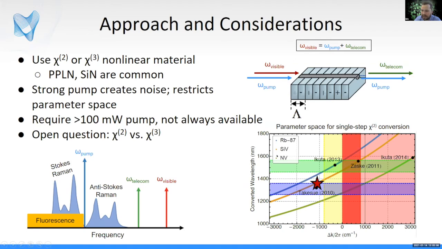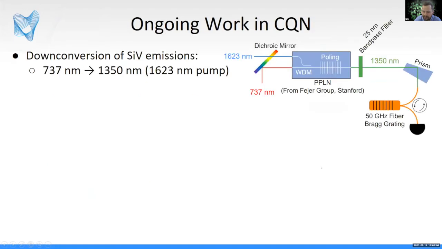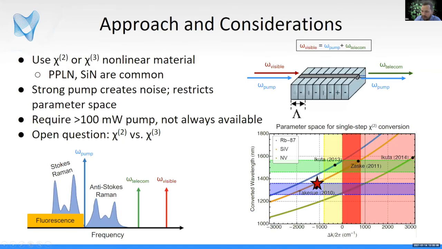For example, if I had an NV center, this is the range of places that I could convert that NV center's wavelength to. And we can see that there's no way for an NV center to be converted to one of these low loss telecom bands, the blue or the green, which is O band and C band respectively, without being in one of these regions of large noise.